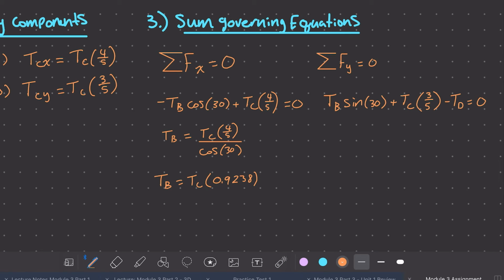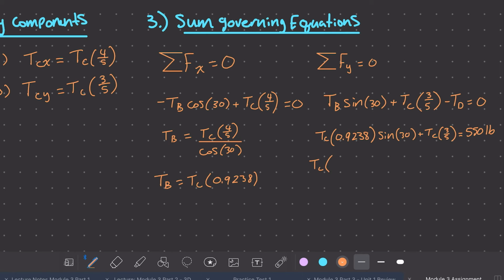So plugging in TC times 0.9238 for TB multiplied by the sine of 30 plus TC times 3/5, and that'll be equal to 550, which is what TD was. 550 pounds.